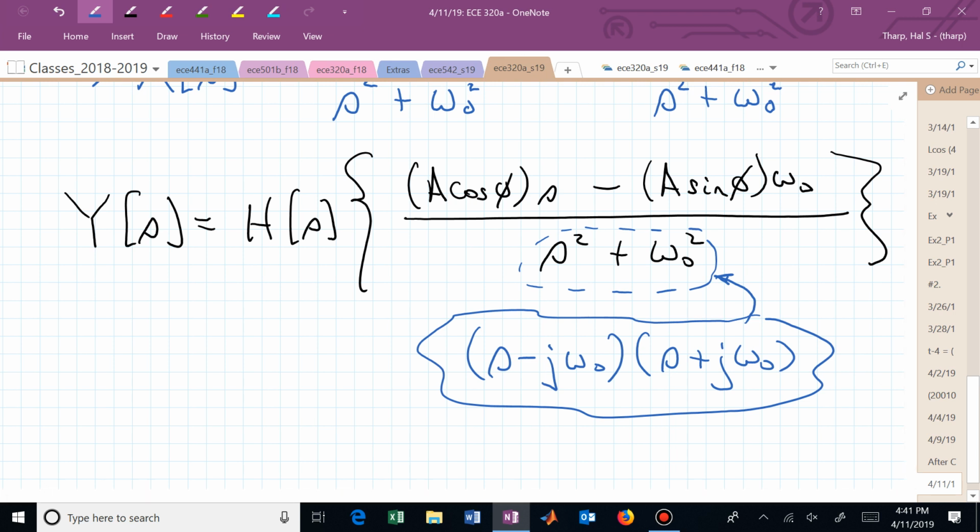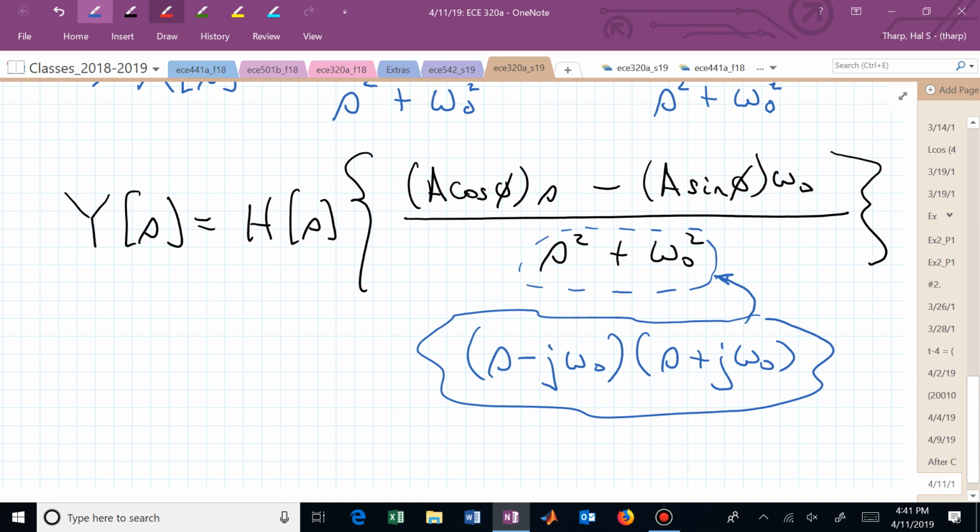And now, which of these factors corresponds to the pole on the positive j omega axis? One's upstairs, one's downstairs. The left one is the one; if you solved that one for s, you would see s is equal to j omega naught.